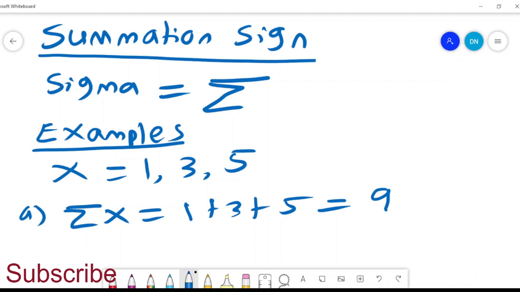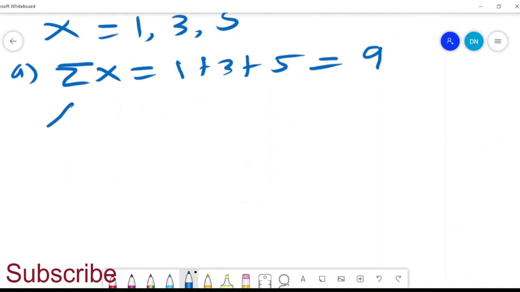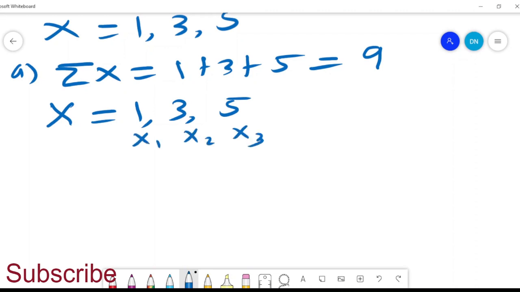Now, sometimes we may work in a different approach, in the sense that if you look at this x, it has 3 values. So we can refer to this as x1, x2, and x3. So you could also find this notation being used.